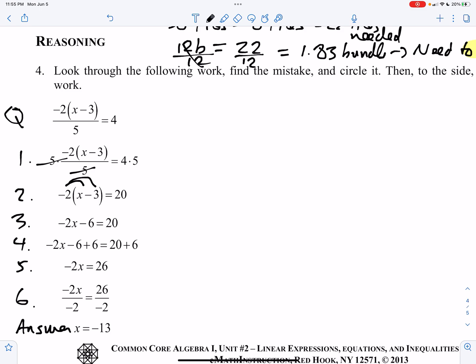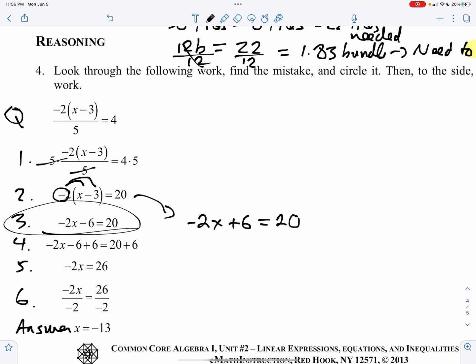Negative 2 times x is negative 2x, and negative 2 times the negative 3, there's the mistake. Negative times a negative should be a positive. So I'm going to circle this, and put in negative 2x plus 6 equals 20. Let's finish out the question correctly.